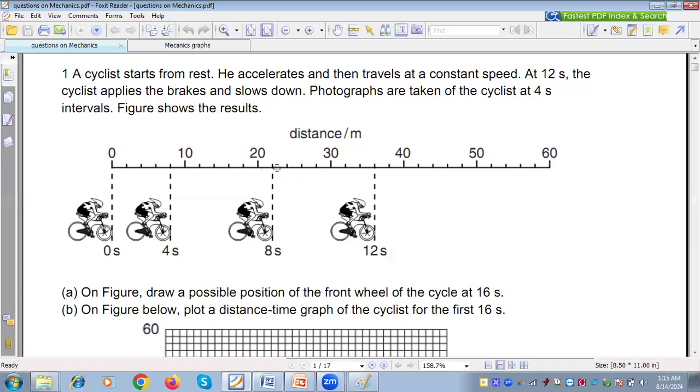In the next 4 seconds, he covers from 22 to 36. Up till here he is accelerating, and then he goes at constant speed. Whatever the speed at 8 seconds, the same is the speed at 12. Then the brakes are applied at 12 seconds.